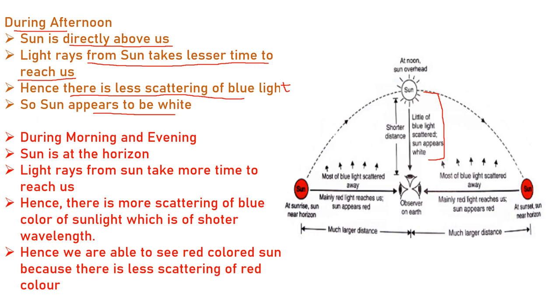The sun appears white. Now let me explain with the help of VIBGYOR, right? Now when the light from the sun is coming through the atmosphere, what is happening?